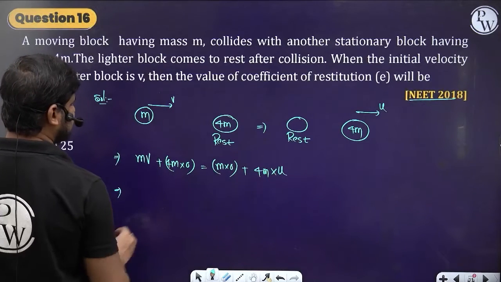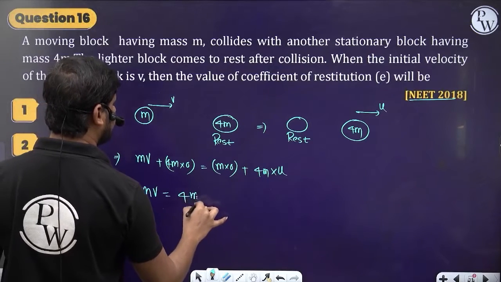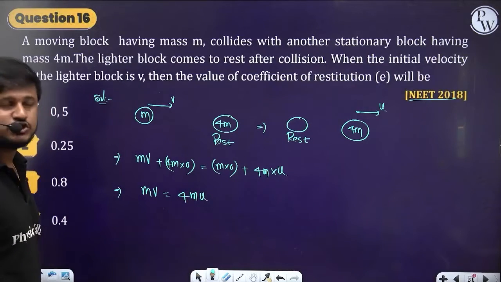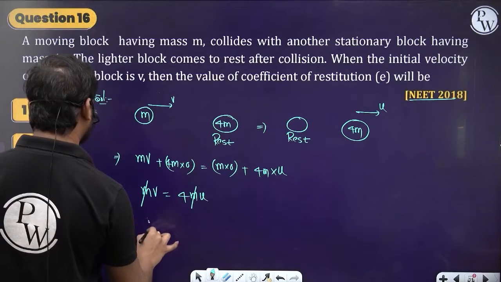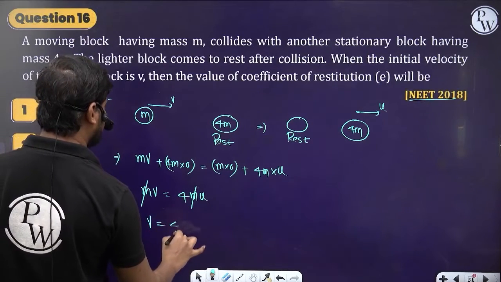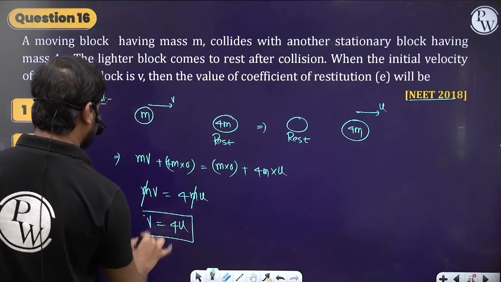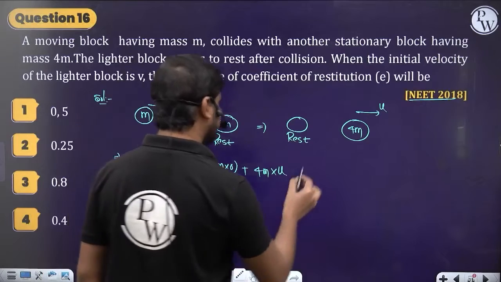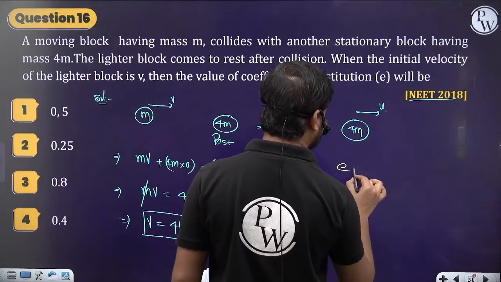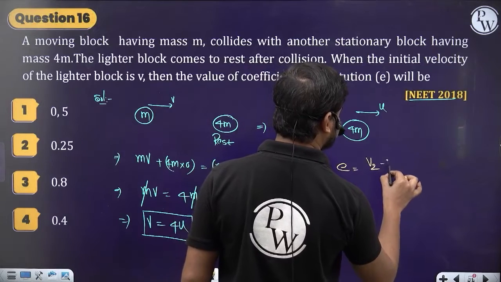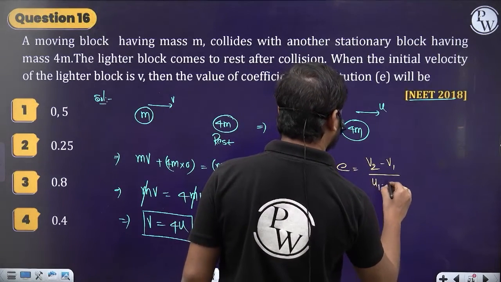So mv is equal to 4mu. Here mass gets cancelled, so v is equal to 4u. Fine, let it be. Now let's come to the coefficient of restitution formula. What's the formula? The relative velocity of separation, v2 minus v1, by u1 minus u2.